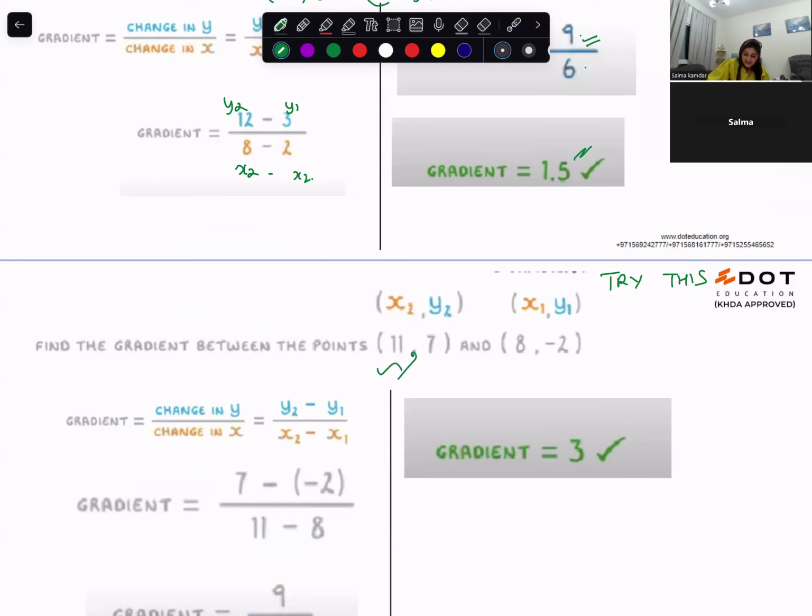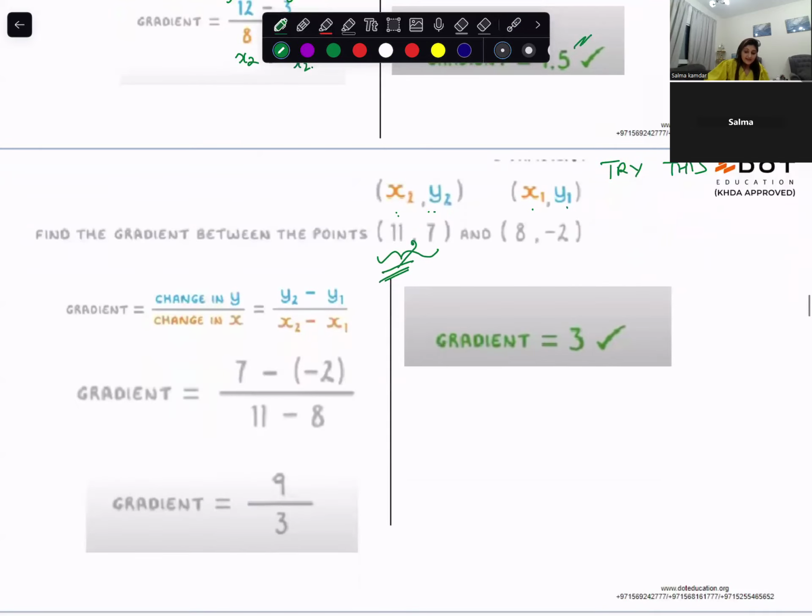Since over here I see this is having a bigger one, so here I will take this as x2, y2 and I will take it as x1, y1. However, it is not compulsory to do so. To find the gradient of a line, you use the formula change in y over change in x, y2 minus y1 over x2 minus x1.